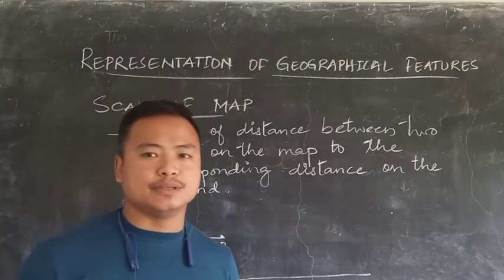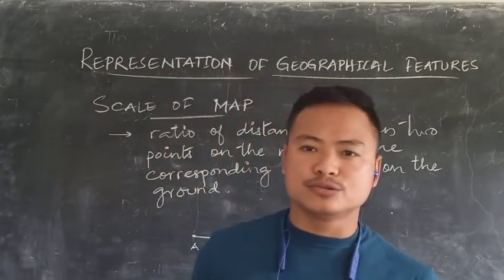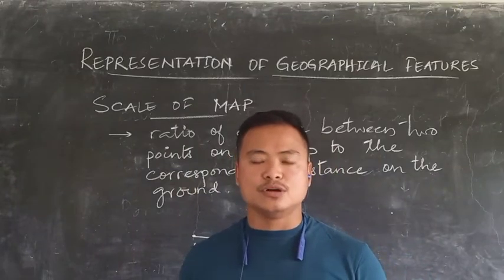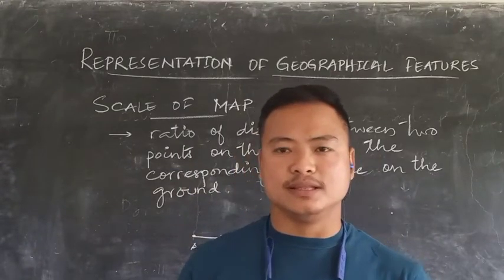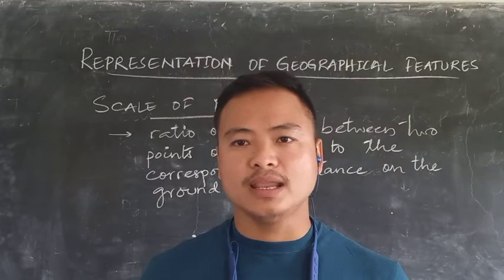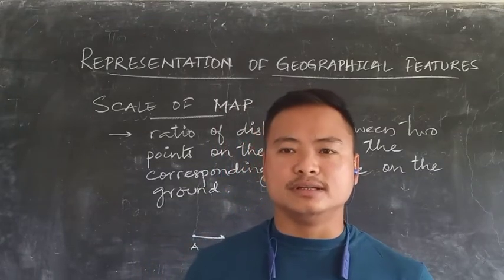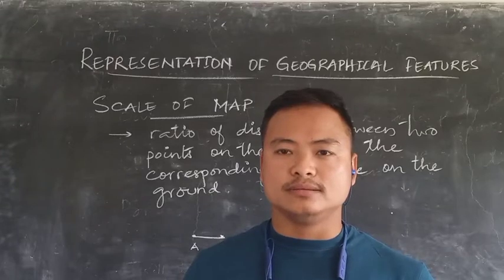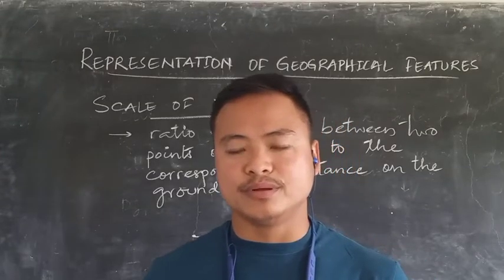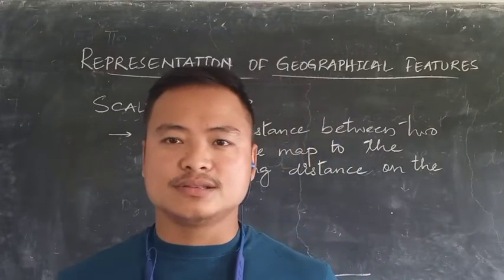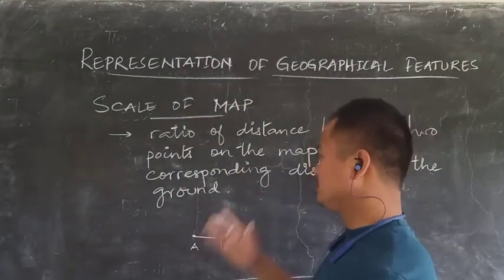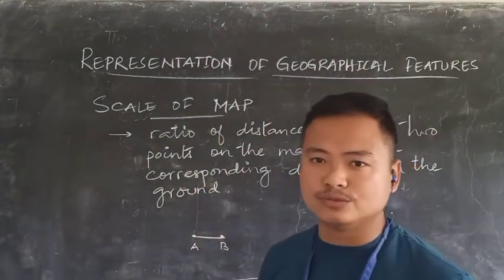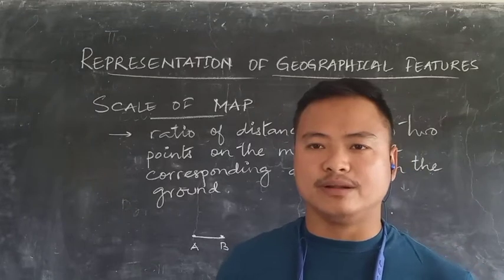We use scale to draw a map in order to accommodate larger areas within the map. The entire earth cannot be accommodated on one small piece of paper without the help of scale. This is why we consider scale a very important element of the map.